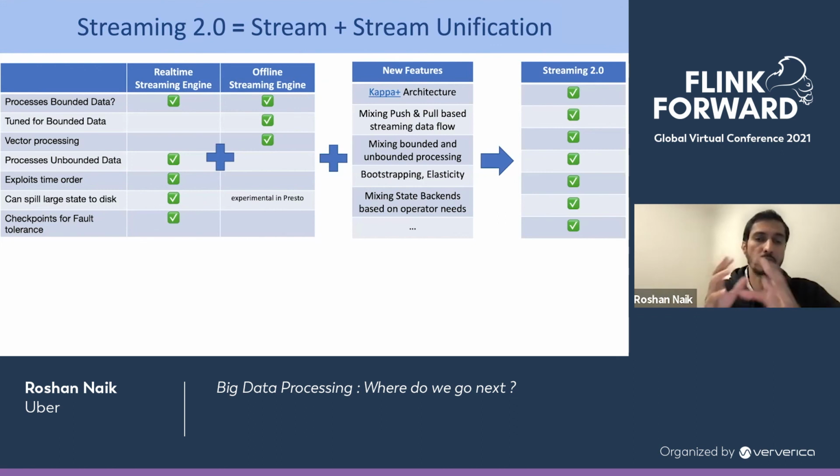And during this switch, it's nice to actually change the concurrency, because offline jobs can work at a much higher level of concurrency, and it's not needed in real-time mode. So elasticity is a useful feature there. And then the ability to mix state backends, so that only the state-heavy operators use RocksDB, and everything else doesn't need something as heavyweight.